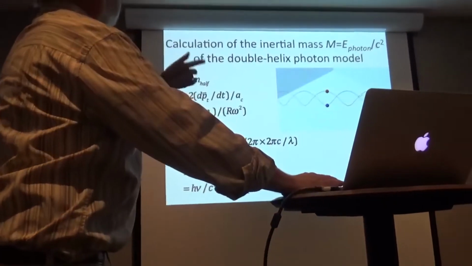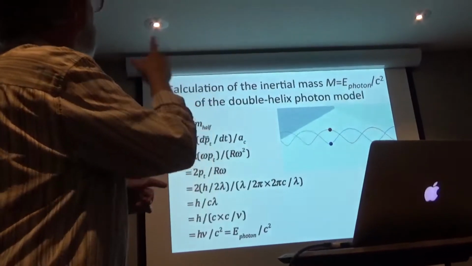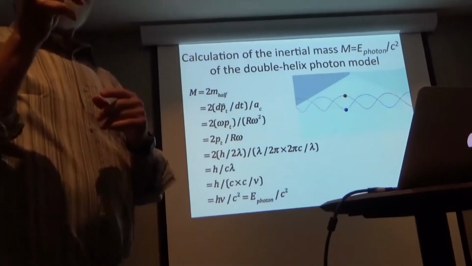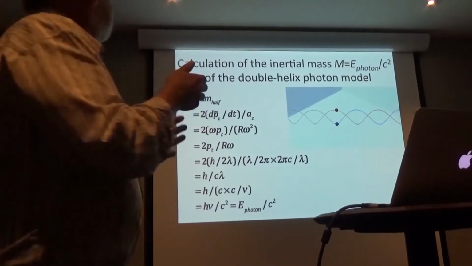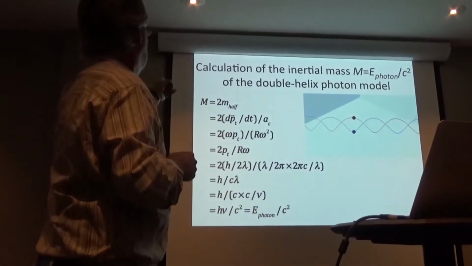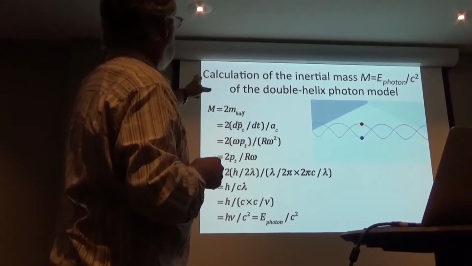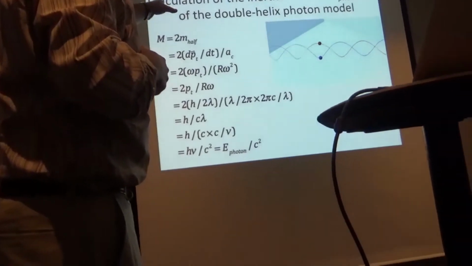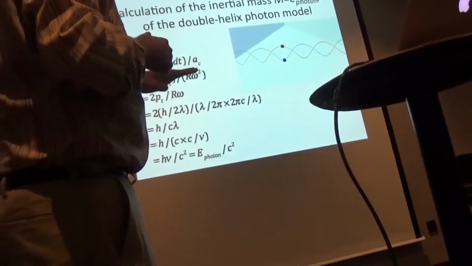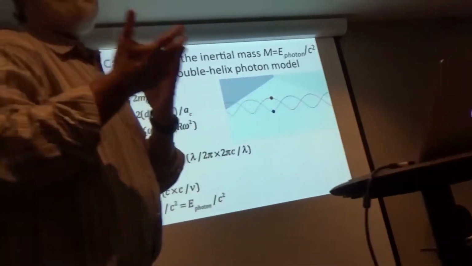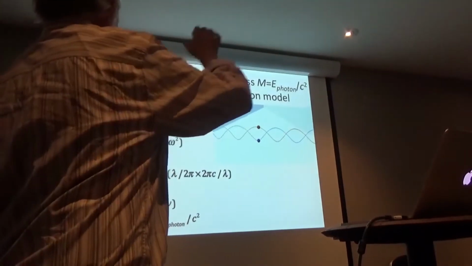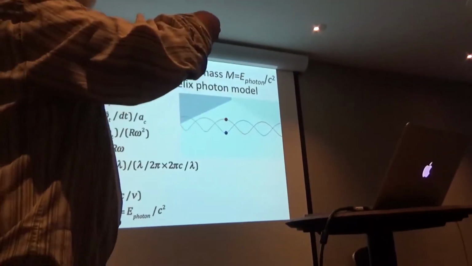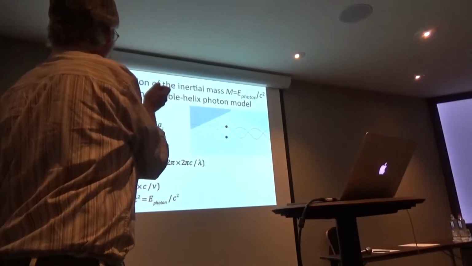I've proposed in other articles a way to calculate the inertial mass of something just by its change of internal momentum. If you relate the change of internal momentum, dp/dt, the change of the momentum of the object, and divide that by the acceleration, that basically comes out as Newton's second law, F equals ma. F equals dp/dt, and a, and you solve for m, which is the inertial mass.